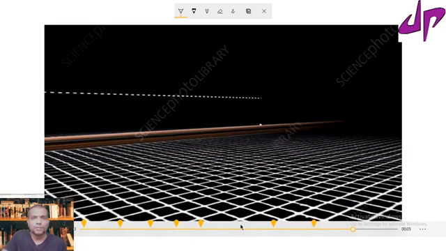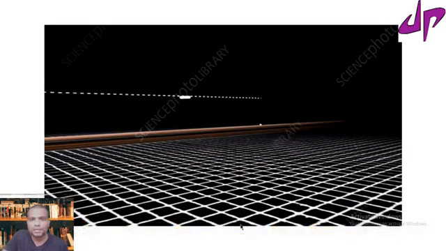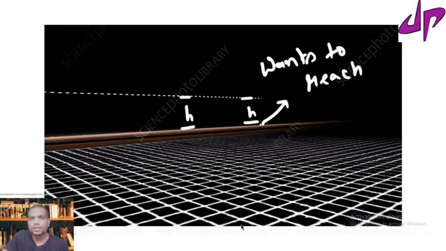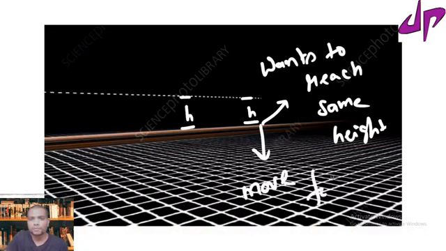If the surface is frictionless, the ball wants to reach the same height. So that's why the ball will move forever.